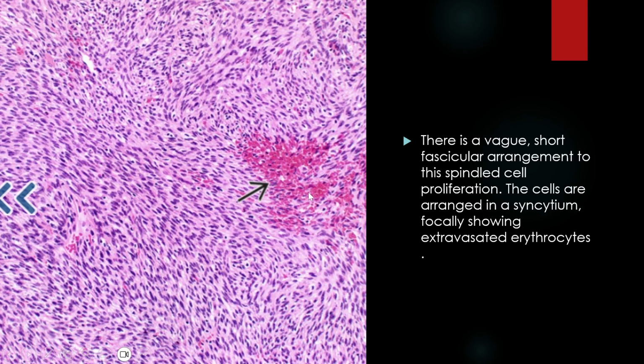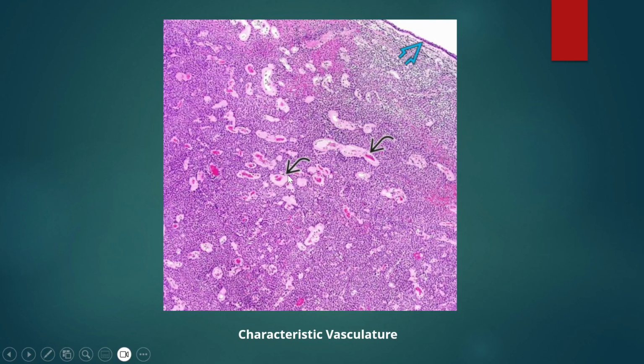And extracellular red blood cells, this spindle cell forming kind of like vesicle structure. And then this is the characteristic hyaline blood vessel wall. You won't see this vessel in nasopharyngeal angiofibroma, but sometimes you will see this vessel in solitary fibrous tumor.